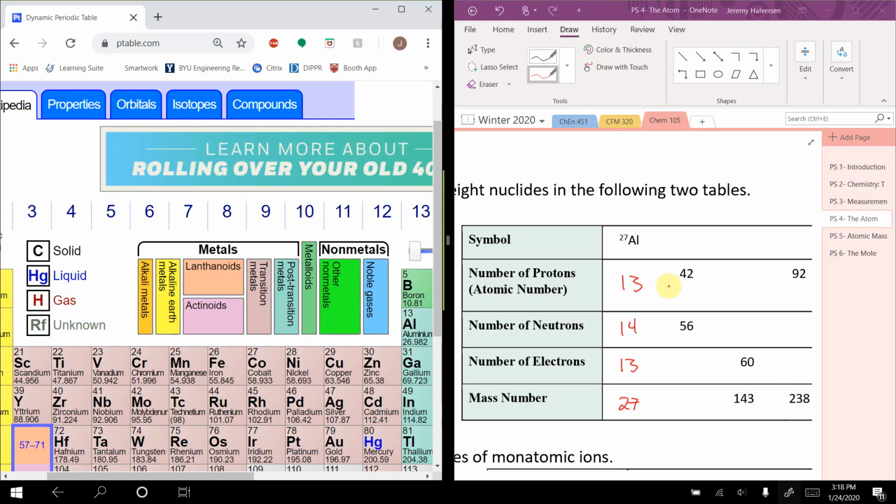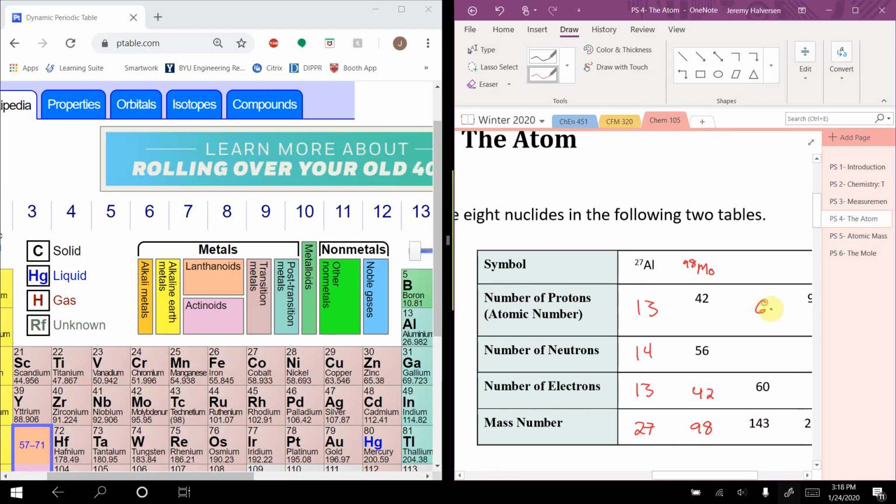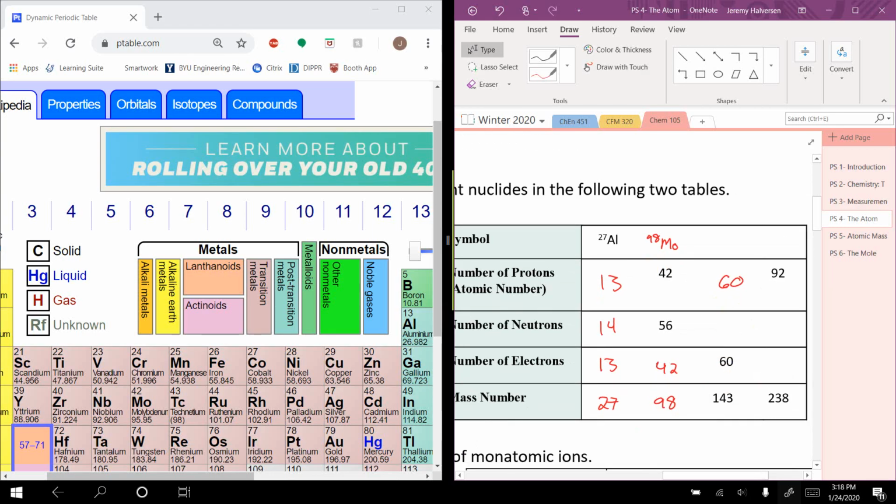42 is molybdenum. And if it's got 56 neutrons, that means it has a mass number of 98. 42 electrons, because that's the number of protons. 98. Alright. 60 protons, which means the number of neutrons is 83.